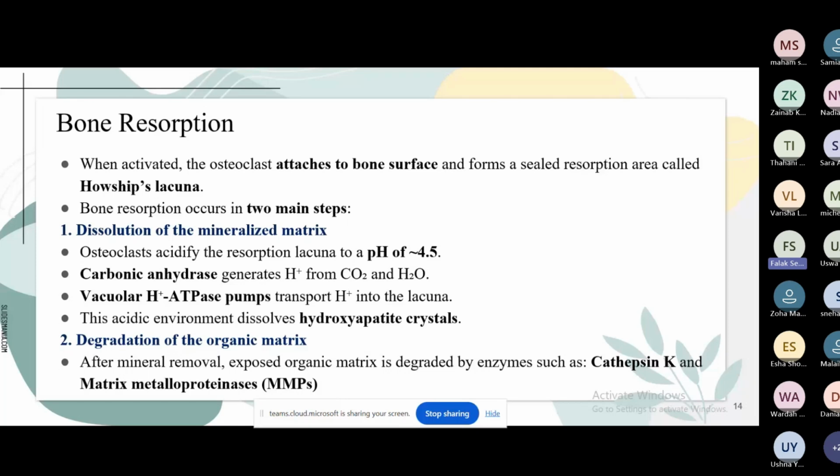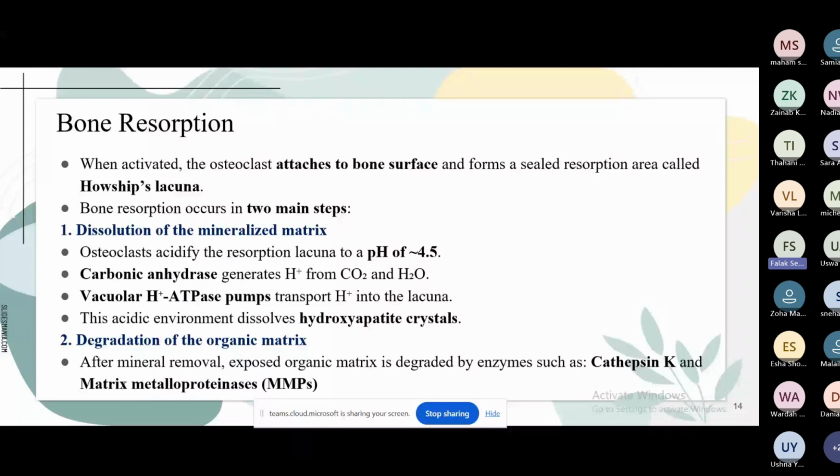Okay, so what happens in the dissolution of the mineralized matrix? Osteoclasts acidify the resorption lacunae to a pH of 4.5. Okay, they release carbonic anhydrase that generates hydrogen ions from carbon dioxide and water. The vacuolar hydrogen ATPase pump transports hydrogen into the lacunae.